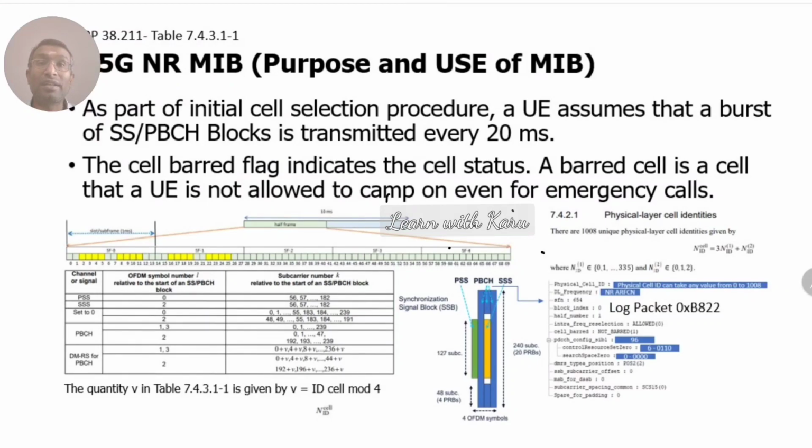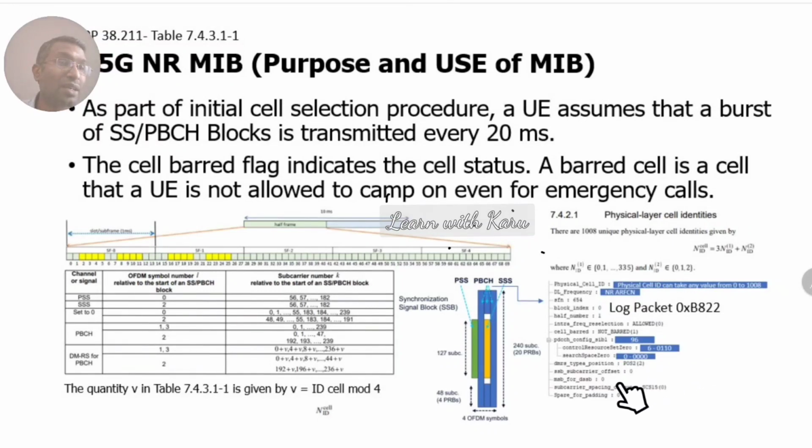That's whether you can enter the shop or not to make any transaction, right? So this is the minimum essential information, or the minimum system information, and MIB provides control resource set 0 and search space 0, where we will find the remaining minimum system information, which is also called system information block type 1.